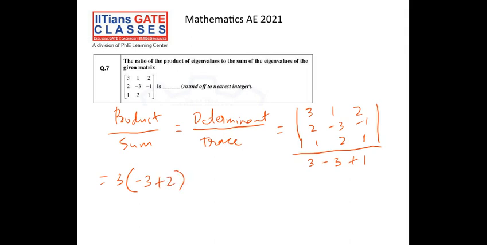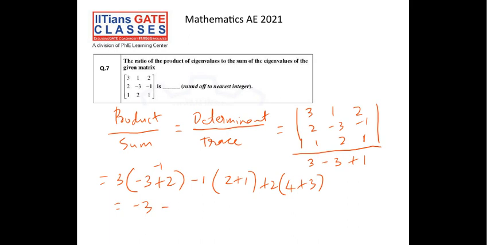So evaluating the determinant, we'll be getting 3 into minus 3 plus 2, minus 1 into 2 plus 1, plus 2 into 4 plus 3. So the final value we are going to get is minus 3 plus 2 is minus 1.